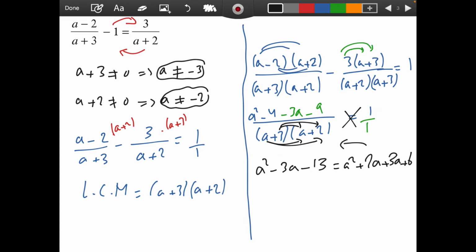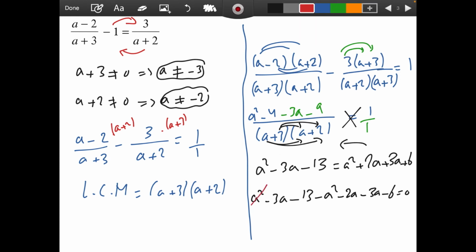Transpose them all to the left. So a squared minus 3a minus 13 minus a squared minus 2a minus 3a minus 6 equal to 0.